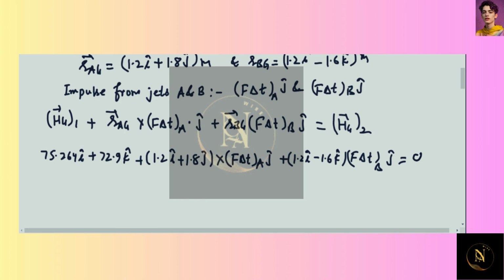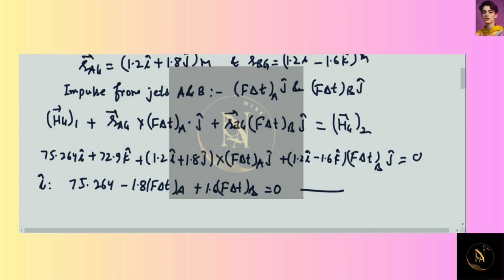Now computing, equating the components along i cap, j cap and k cap, you will find 75.264 minus 1.8 F delta T A plus 1.6 F delta T B is equal to 0.